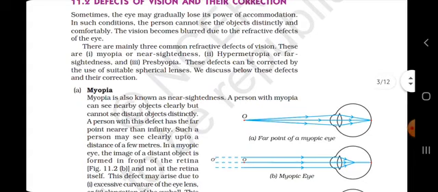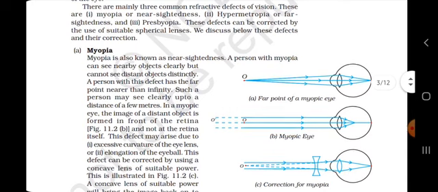The first thing was myopia. Myopia is also known as nearsightedness. In myopia, a person can see the nearby objects clearly but cannot see the distant objects clearly.